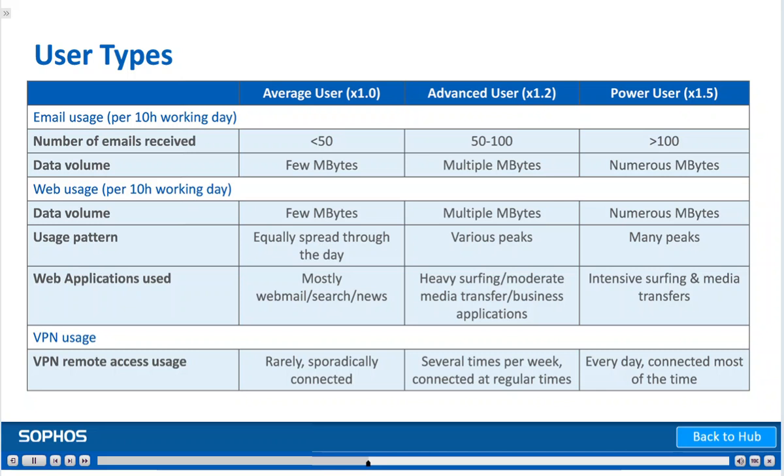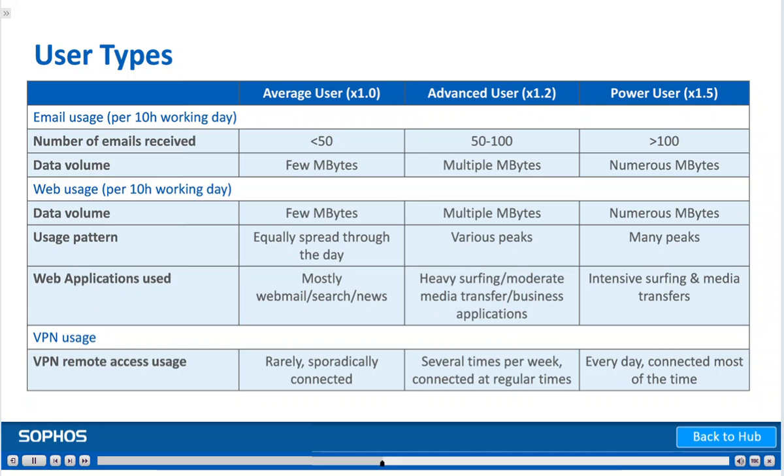If large groups of users fit into different categories, you can adjust the weight based on the percentage of users that fall into a different category. If you have 80 users, where the majority are average users and 25% are power users, you might use a weighting of 1.125.